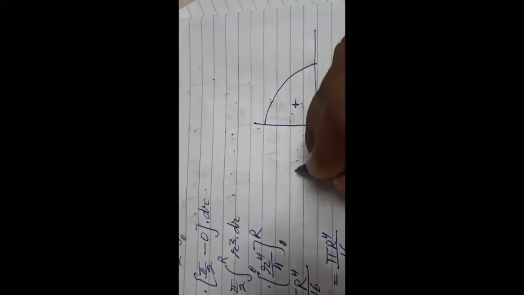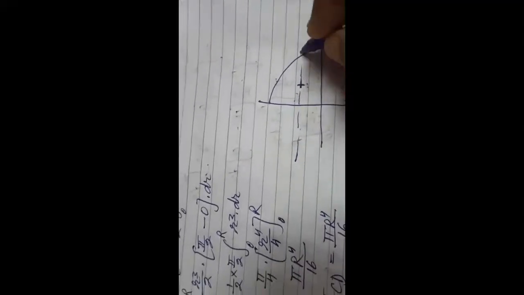Now we will transfer it to the centroidal axis. So we know the centroid of this quadrant is lying here. So these are the centroidal axes. This is x-axis, and centroidal axis, this is y-y. So we know that this distance and this distance both are equal.